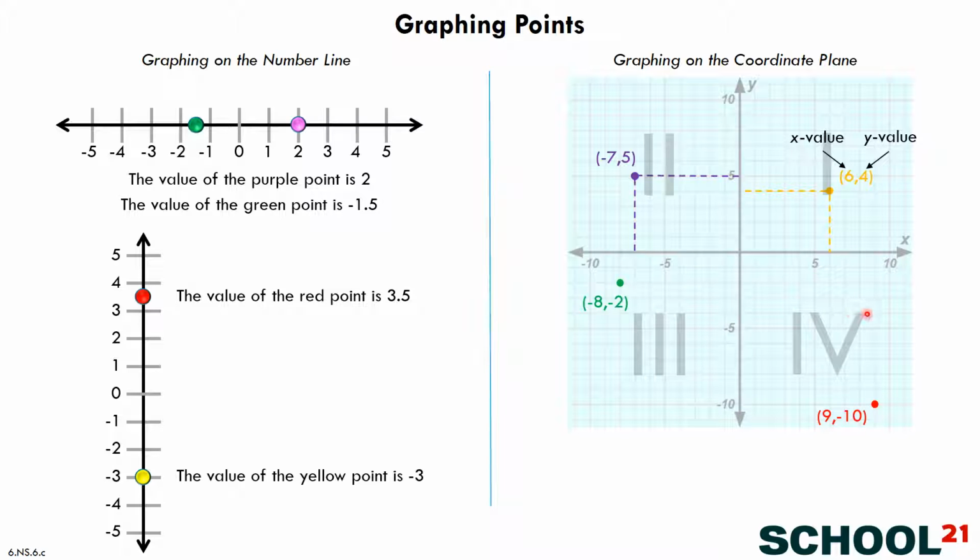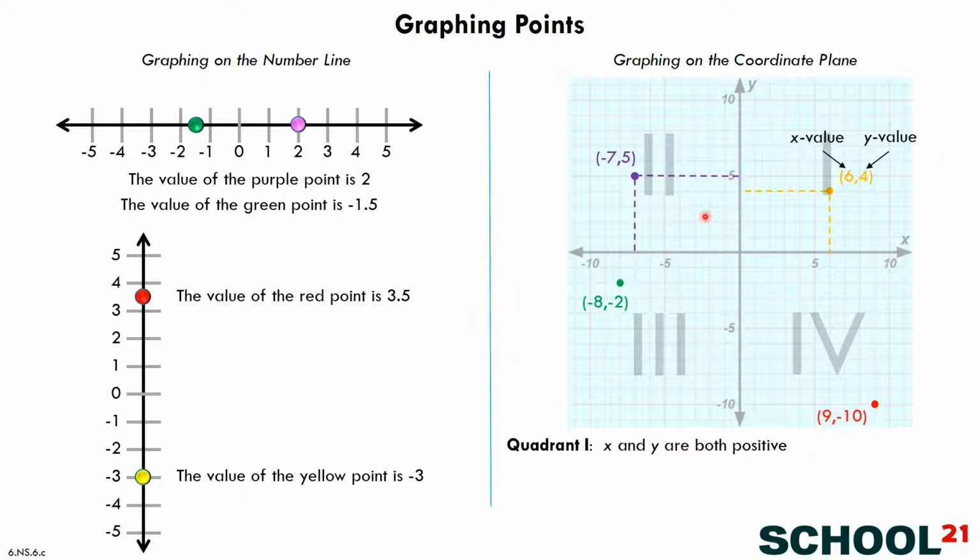And what's interesting is we can come up with some rules. So I'm going to give you the first rule here. In quadrant 1, both x and y are positive, because the x value would have to be positive for it to be in quadrant 1. And so would the y value, right? Yeah. And this point right here, 6, 4, they're both positive there, right? Can you come up with a rule for quadrant 2?